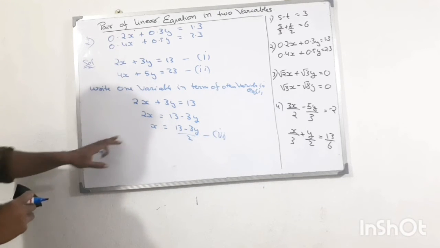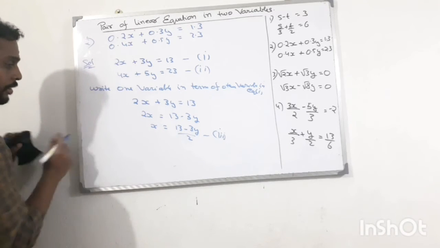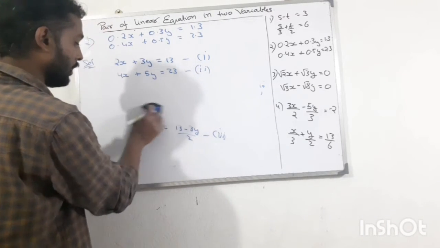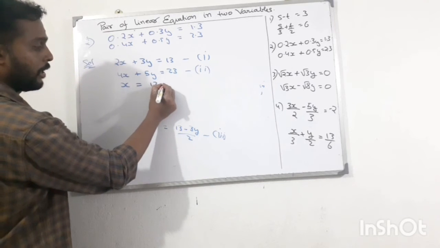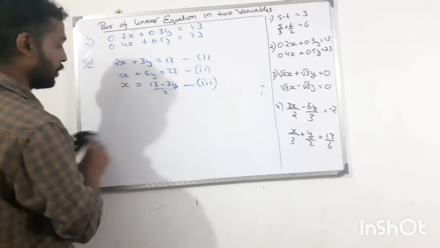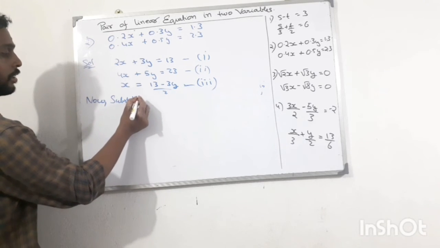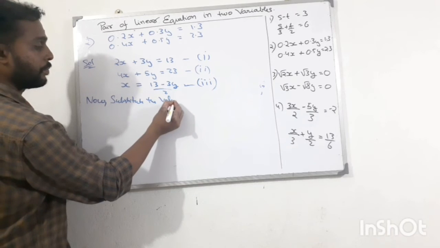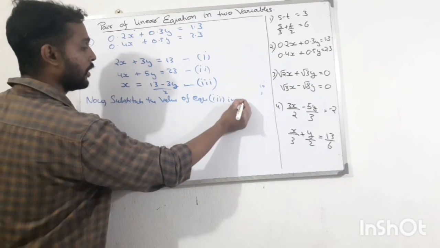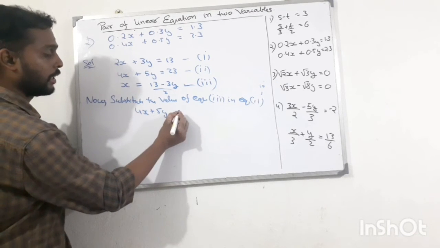So now we are substituting this value of x in equation 2. So how can we write this? Equation 3: x is equal to 13 minus 3y divided by 2. Substituting now the value of equation 3 in equation 2 like this way. 4x plus 5y is equal to 23.